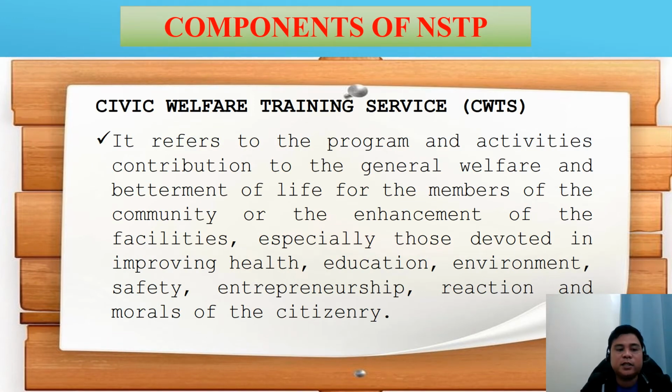And lastly, the third, CWTS. This program component is designed to provide students with activities contributory to the general welfare and betterment of life of the members of the community, especially those devoted to improving health, education, environment, safety, and entrepreneurship in order to improve the social welfare services.